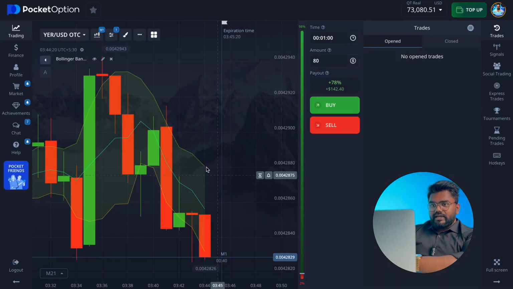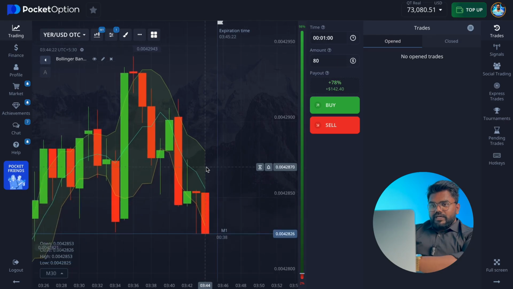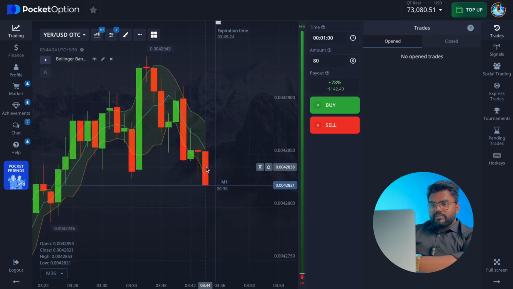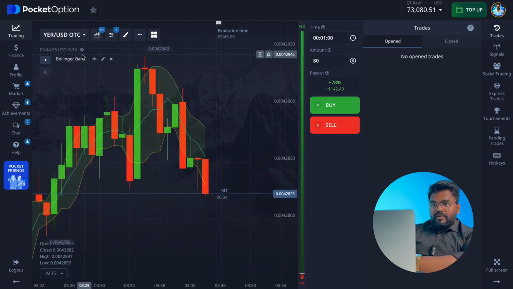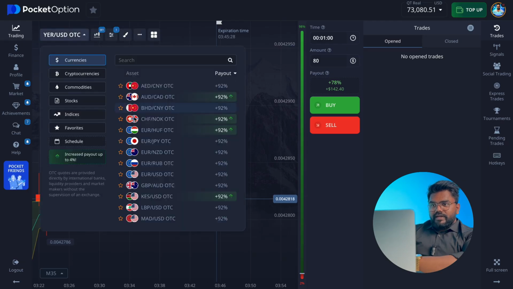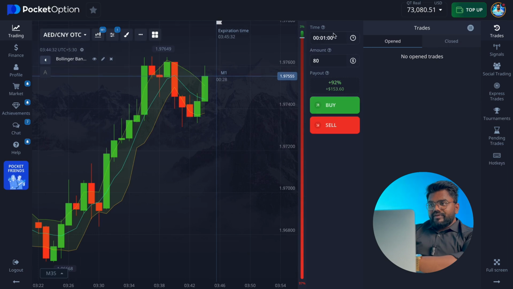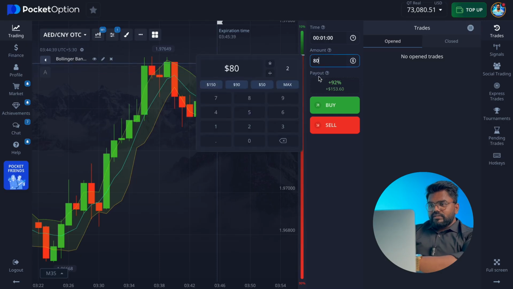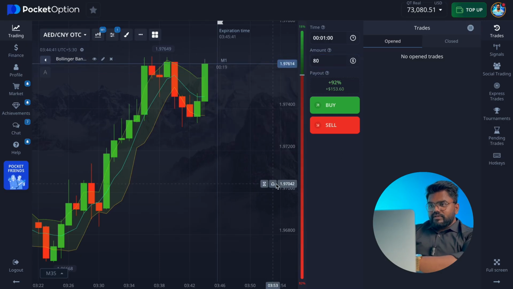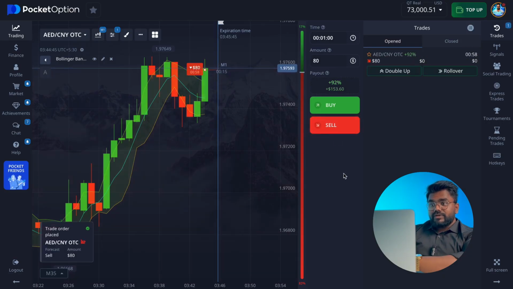So moving ahead, you can stretch it out to see how this band actually worked before and how it's going to. So the currency pair, let's go with this currency pair, and the time frame you can select according to your preference, then the amount. We can see it has stretched upward, so we need to do a sell.